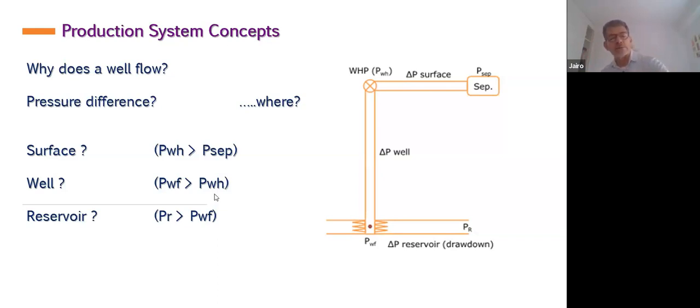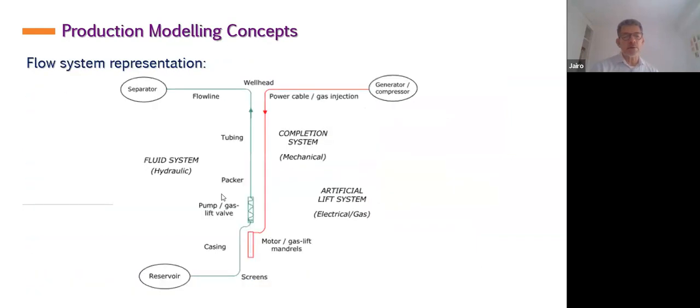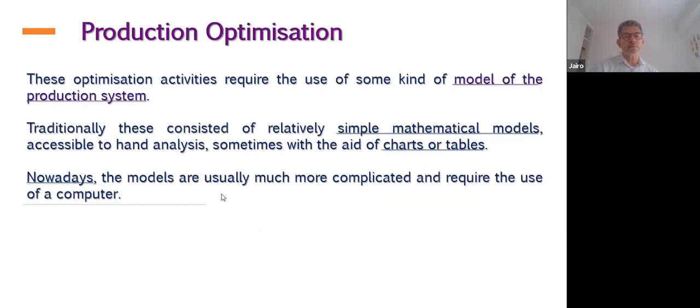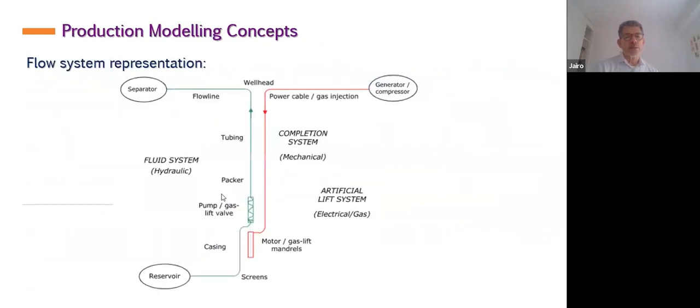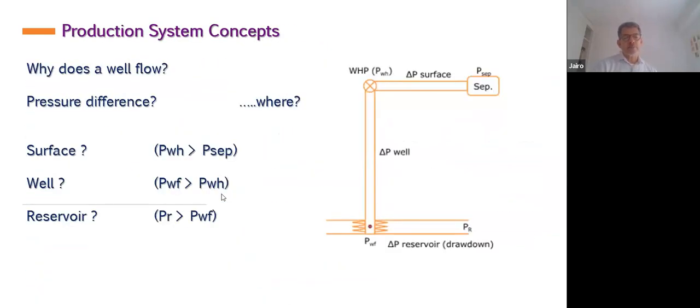In the well, the flowing pressure downhole should be higher than the wellhead pressure. And in the reservoir, the reservoir pressure should be higher than the flow pressure. In this case, we have flow continuing from the reservoir to the separator.